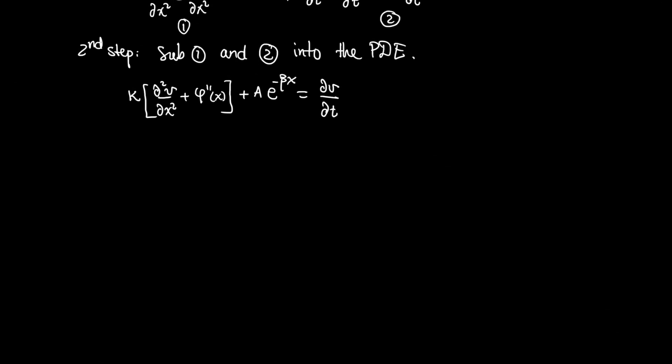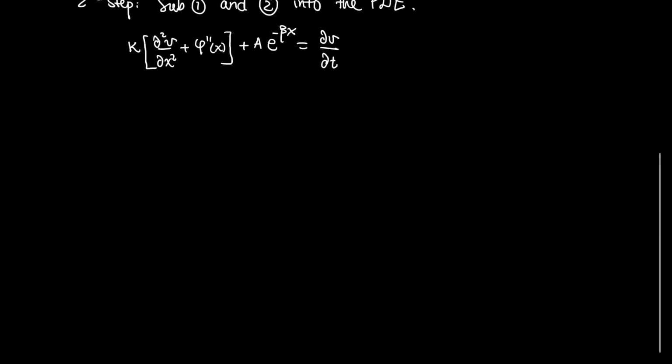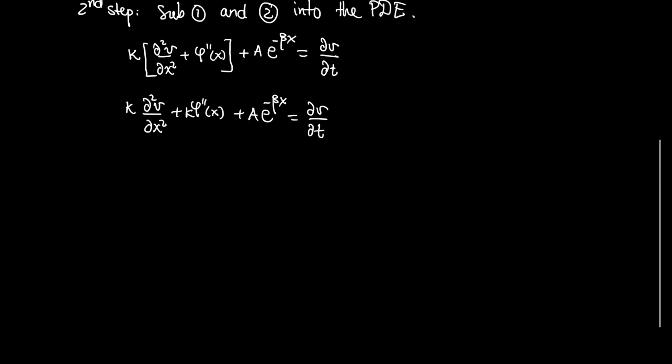Okay, now you have k, there's k, delta v delta t.